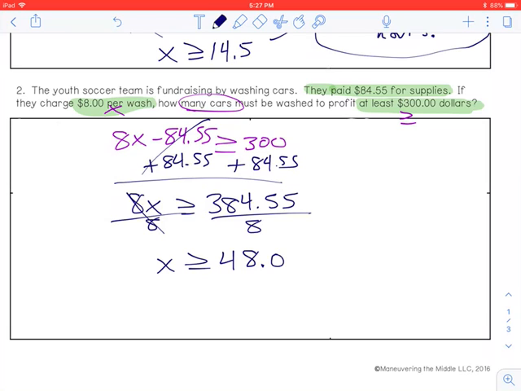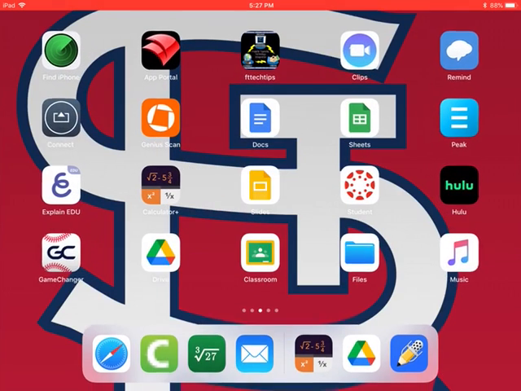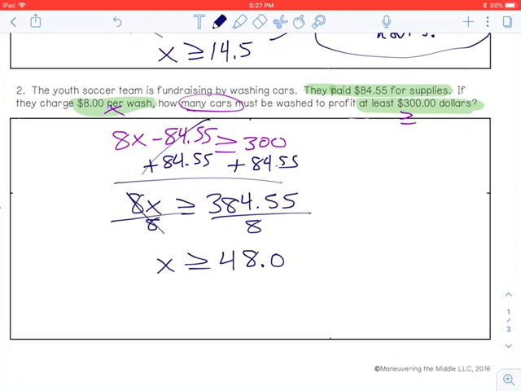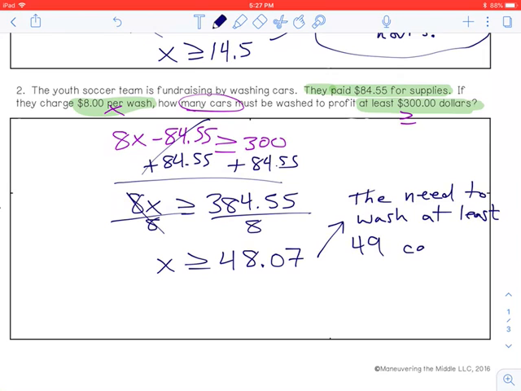But technically it was 48.07. So to get $300, we're not going to be able to just do 48. So they need to wash at least 49 cars.